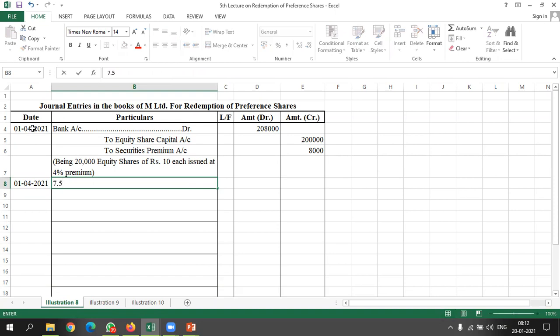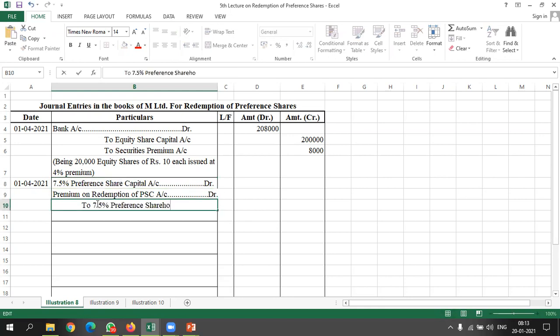So 7.5% preference share capital account debited, premium on redemption of preference share capital account debited, to 7.5% preference shareholders account.